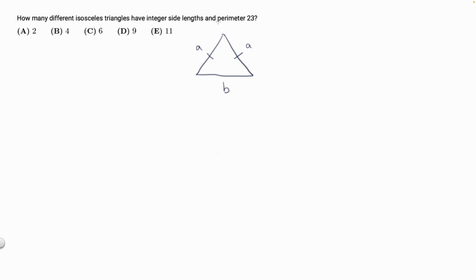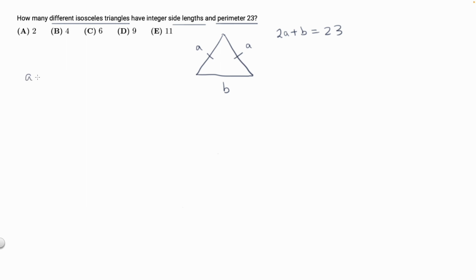So the total perimeter that we are given is 23. The perimeter of a triangle is the sum of all three sides, so we know that 2A plus B equals 23. Now it says how many different isosceles triangles have integer side lengths and perimeter 23. If we go through each possibility for A, we can see for which of them B makes sense.